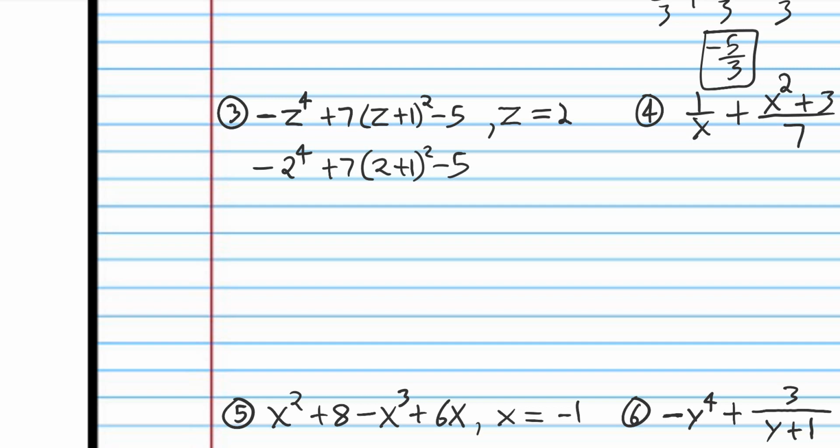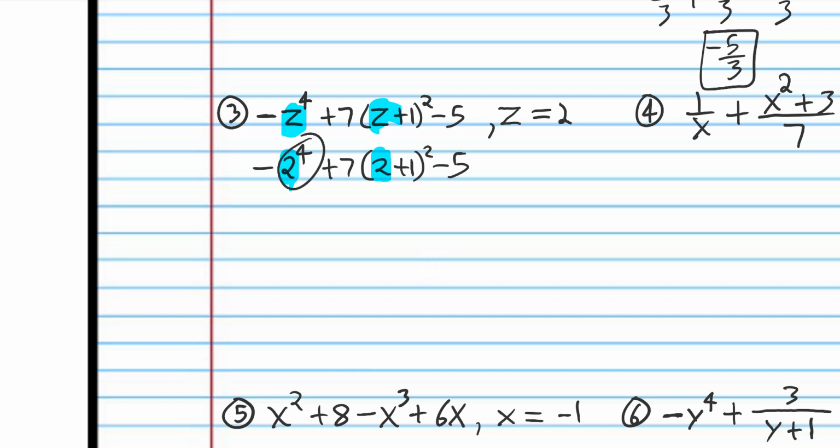So again, we're plugging in that 2 for z. PEMDAS tells us to do parentheses first. I'm just going to rewrite the, actually I don't need to rewrite that. We can just do that at the same time.